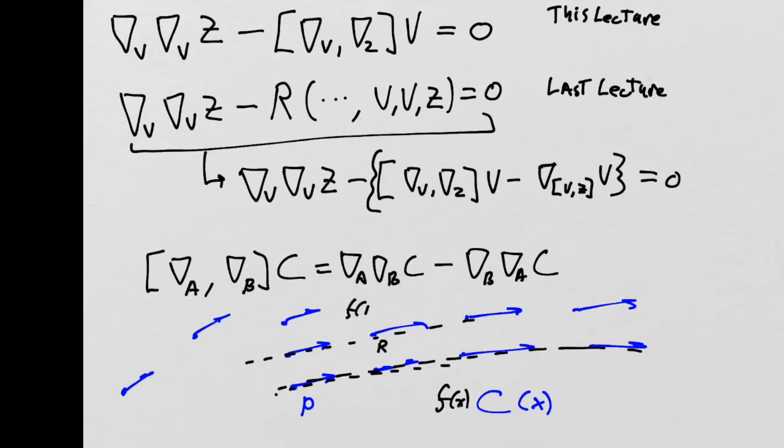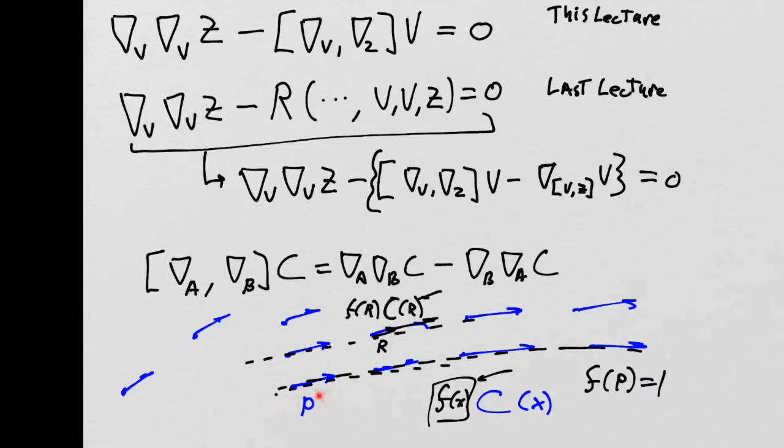I take the value of f of r and I multiply it by the value of C of r. Now C of r is a vector, but f of r is a scalar, and I can multiply a vector by a scalar. So I basically am shrinking or expanding all of these vectors in a very arbitrary way, because I can do this with any function f. I'm only going to establish one criterion for this function. I want it so that f at p equals 1.